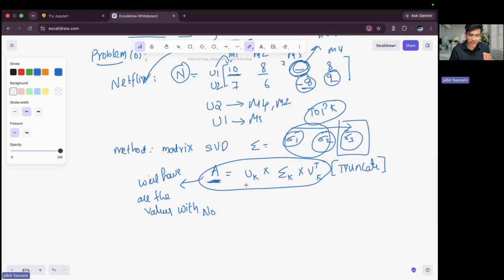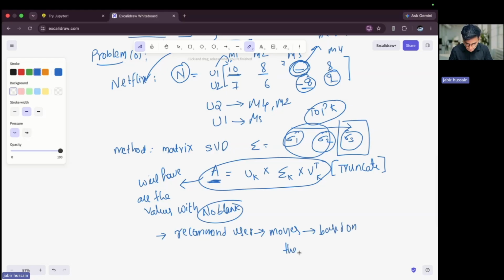So we will recommend users movies based on the highest predicted value for them. This is the methodology that we are going to use.